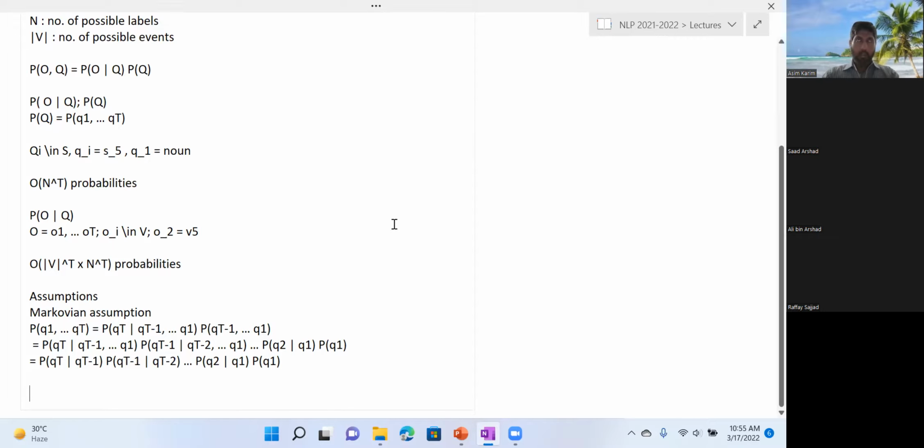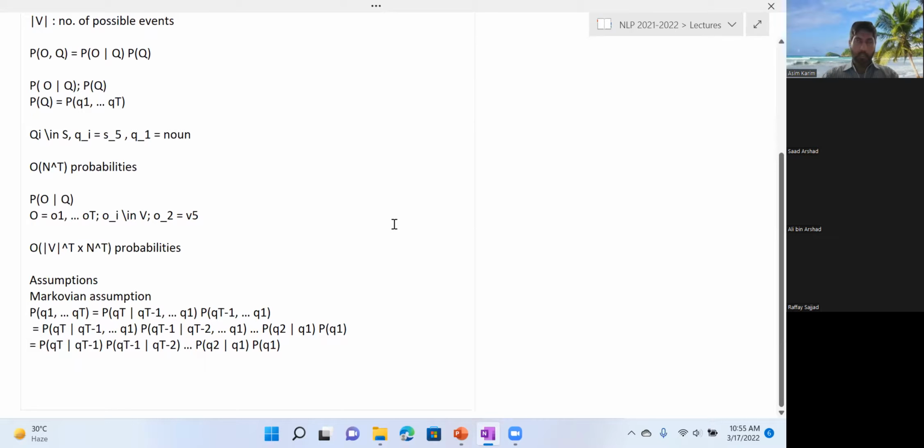So in other words, the parameters that we need to estimate now are, of course, the probability of Qt, small t, given Qt minus 1. So we'll need to estimate these parameters now.